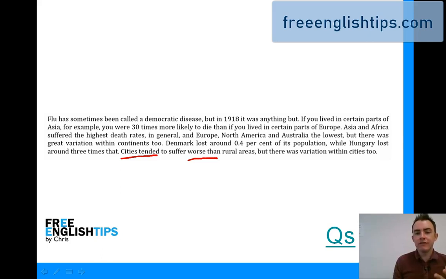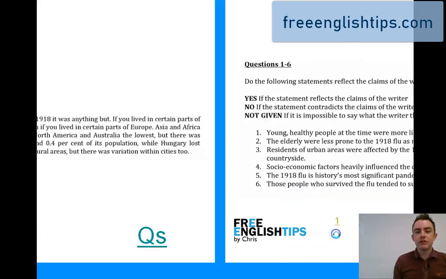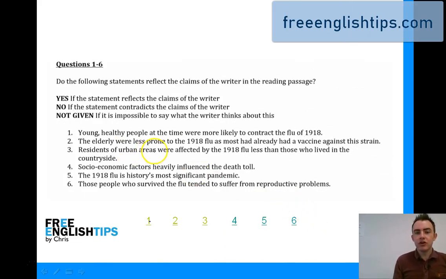So cities were affected more than rural areas. If we look at the question, we will say that residents of urban areas were affected by flu less. Therefore, the answer to this question is no. Okay? The answer to question 3 is no.